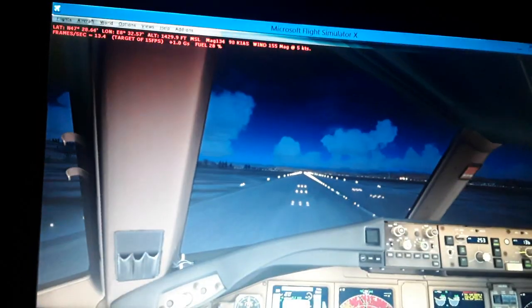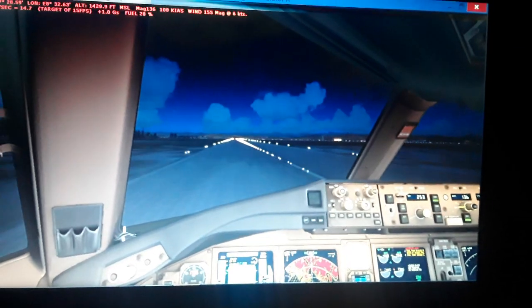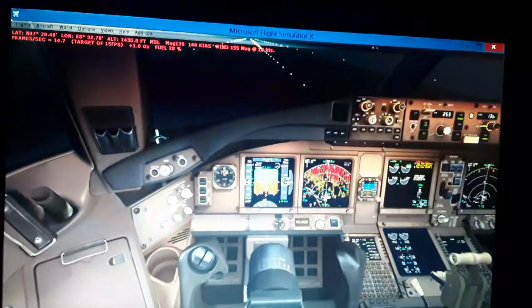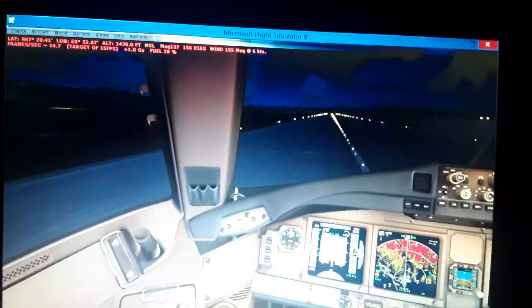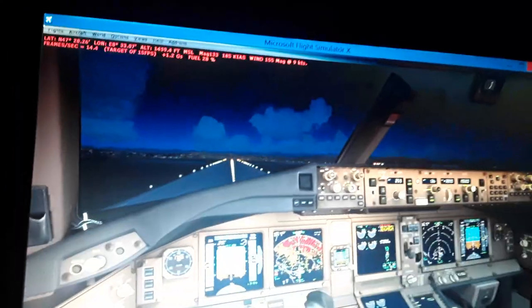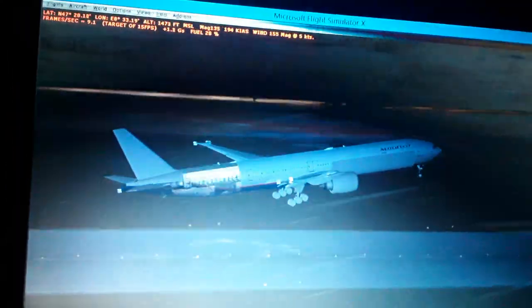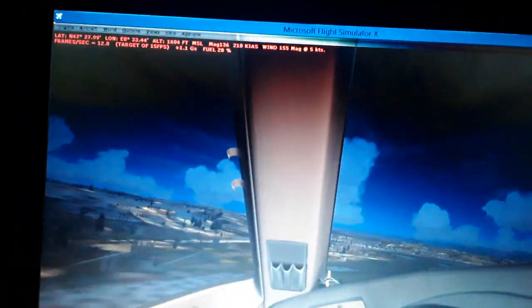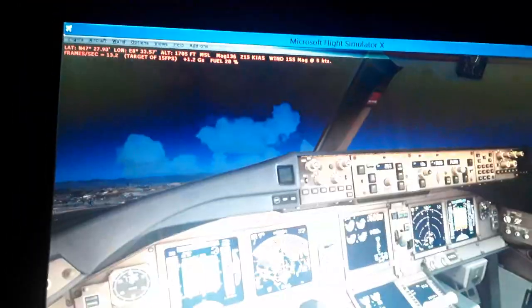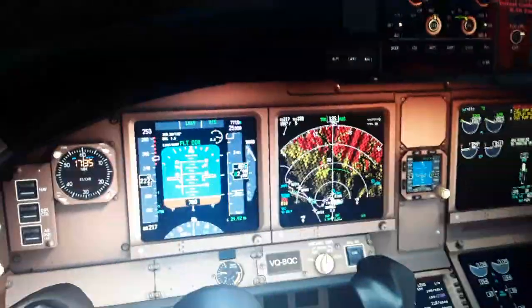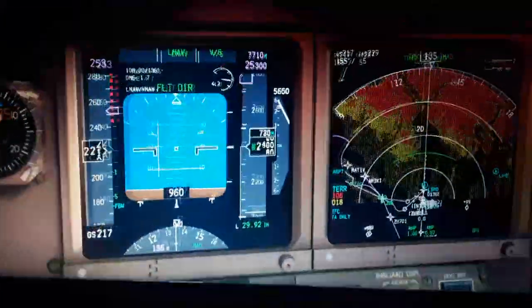So we have 100 knots. We have V1, we rotate, and V2, and here we go. We have the positive rate of climb. So we retract the landing gear like this, and you can see all the information here also as we climb.